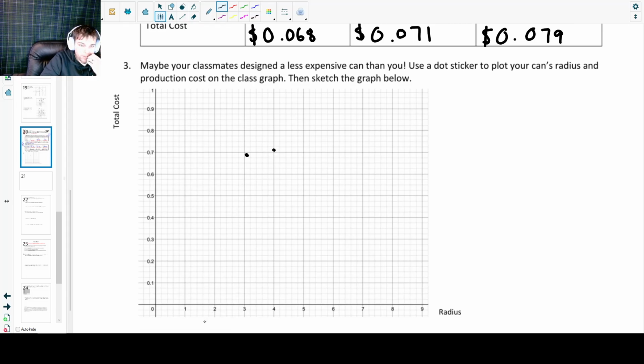And when our radius was 2, it was also 7.1. Oh, wait, actually, I made a small mistake. When the radius was 4, it is actually much more expensive than that. It was around 7.9 cents per ounce, or per can.